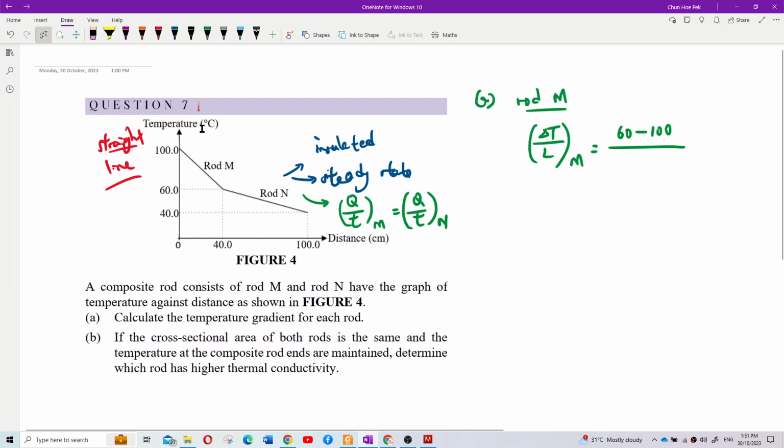You can maintain it as degrees Celsius because I already mentioned delta T can be in degrees Celsius. The length must be in meter. You must change from cm. Be careful. The cm you must change to meter. So it's 0.4 meter.